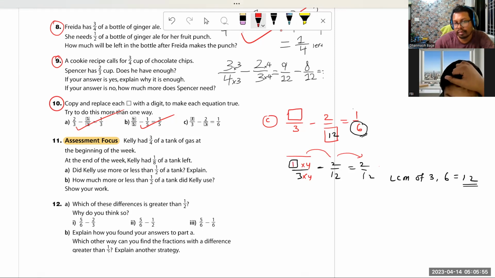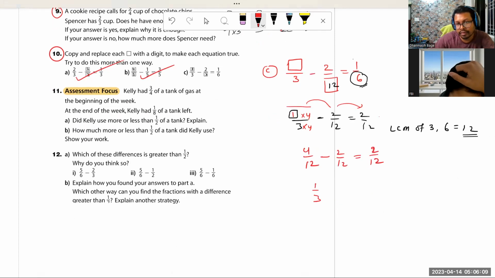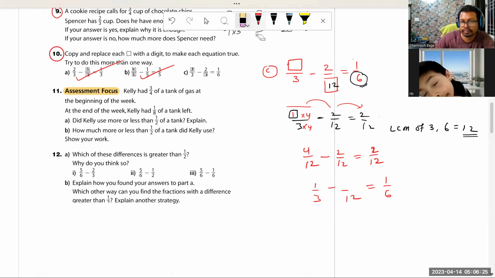Now just see that it will all work. 4 over 12 minus 2 over 12 is equal to 2 over 12, which is equal to 1 over 6. Yeah, now it works. The correct answers are 12 and 1.